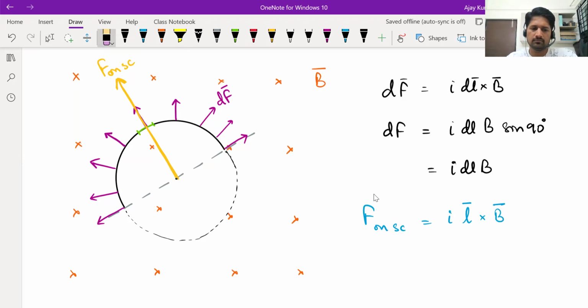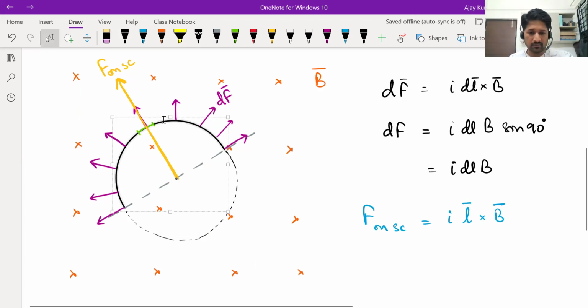Is it the intermolecular forces? Kind of. It is the intermolecular force, correct. See, just a moment. Consider the other semicircle also.